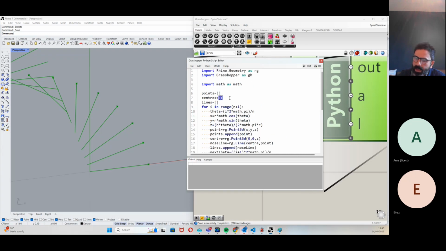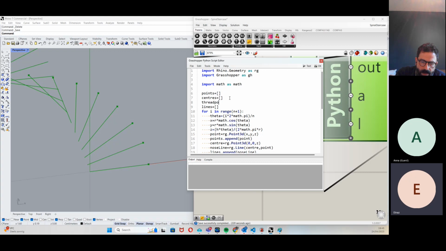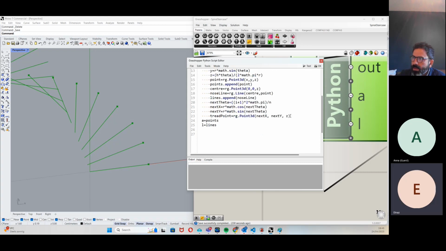And let me add next points, or no, thread points equals a list. The points that append that point.